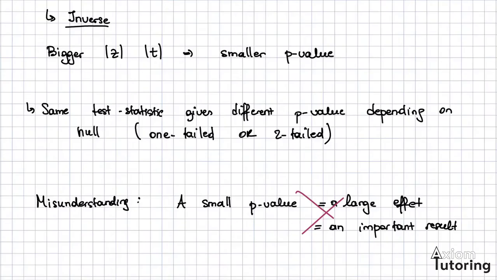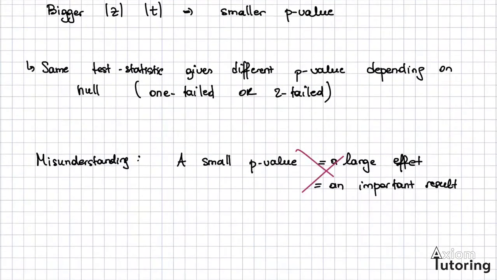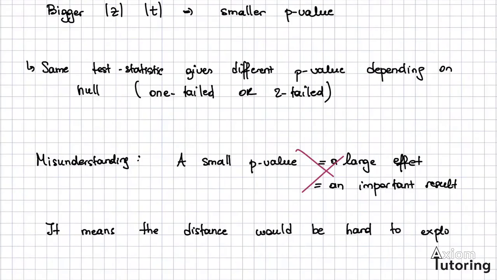So a small p-value does not mean that you have a large effect, does not mean that you have an important result. It only means the distance would be hard to explain if the null were true. So magnitude and significance are different ideas.